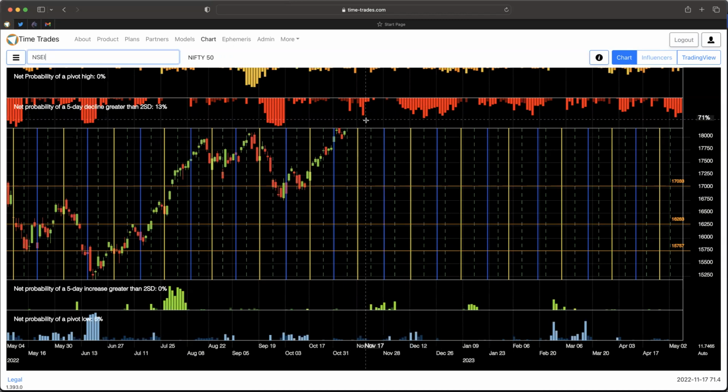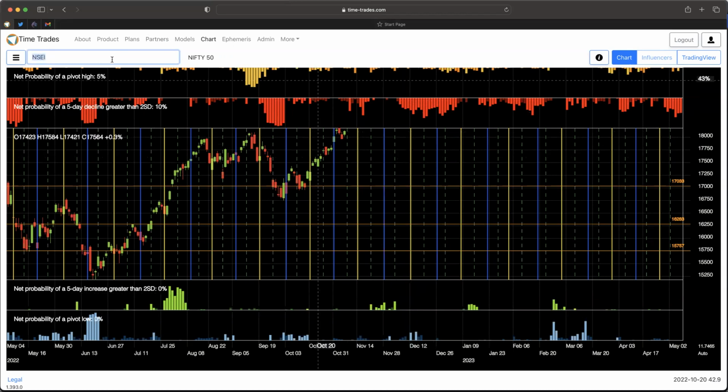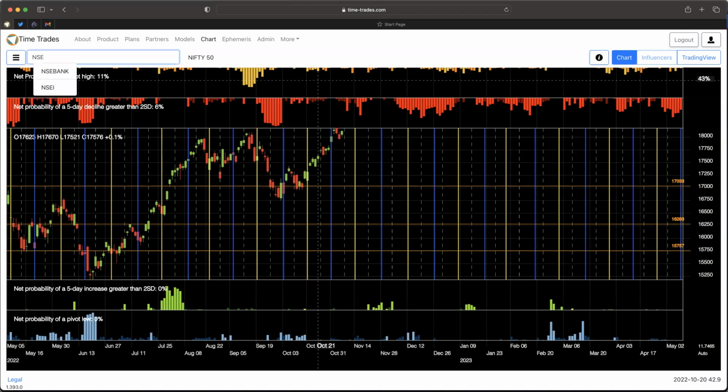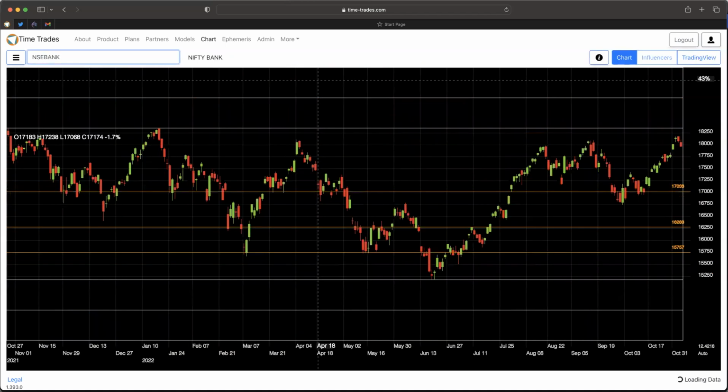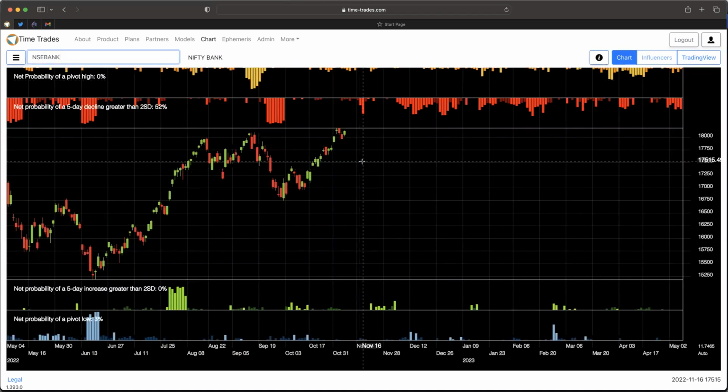So it looks like we'll get one wave down, maybe a little bit of a correction here around late November, and then a second bigger wave down peaking in December. Okay, so let's take a look at the Bank Nifty. Bank Nifty, very similar. We've got one wave down November 16th, and then a second wave down peaking mid-December.